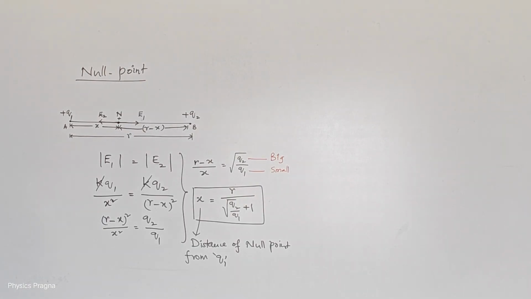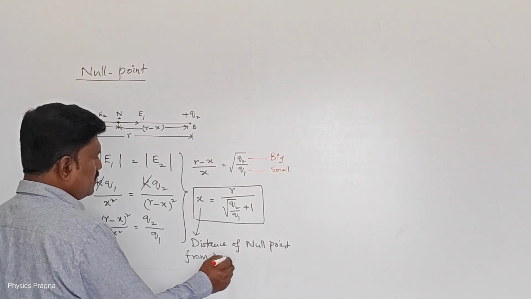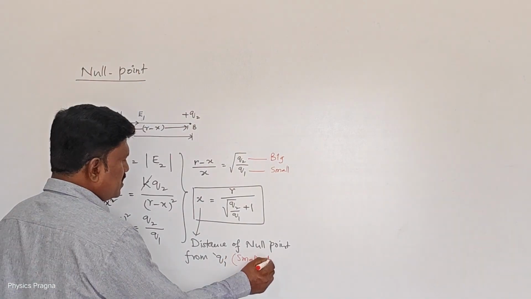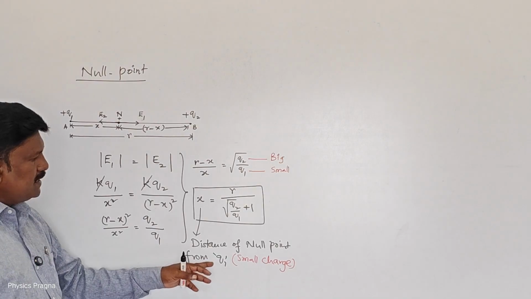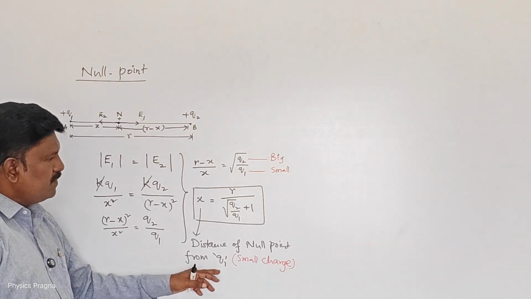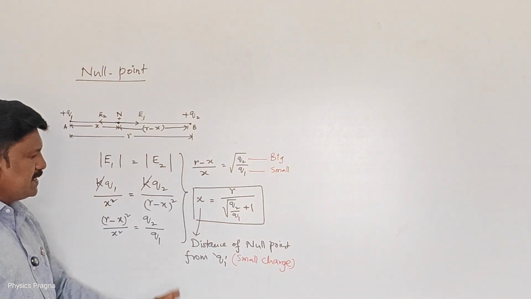Always big one, small one. So this is the distance of the null point from the small charge. If they ask the distance of the null point from Q2, then you simply use R minus X.